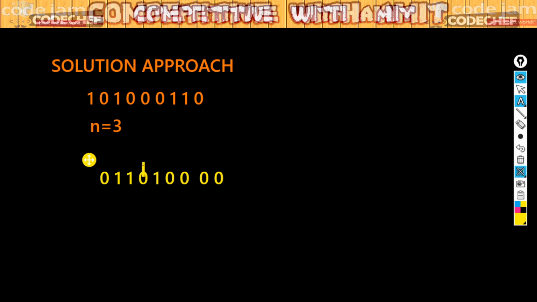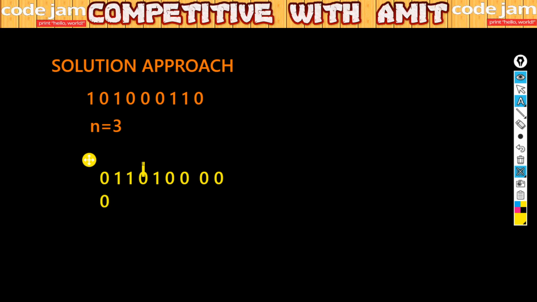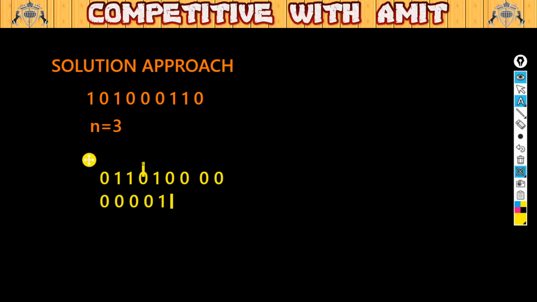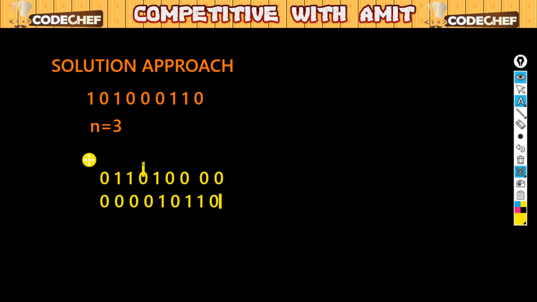Now if we try for n equals to 2, it will be 0, 0, 0, 0, 1, 0, 1, 1 and 0.